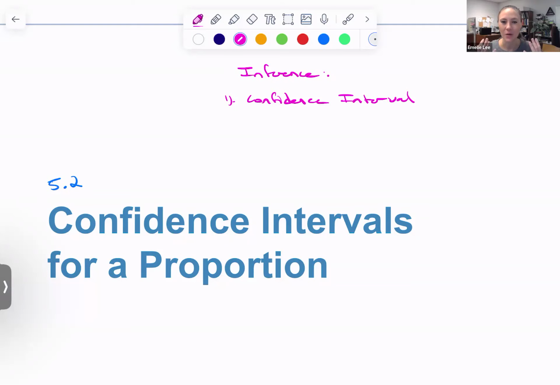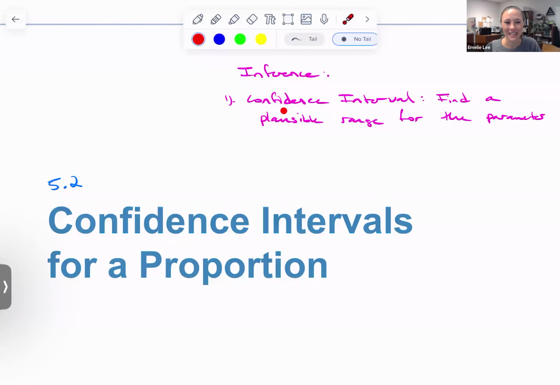We have our point estimate, and then we build bounds around it to find a plausible range for the population proportion. So here we find a plausible range for the parameter in general. For now, it's going to be the population proportion, but later it's going to change to whatever the parameter is. That's what we're doing here in 5.2.